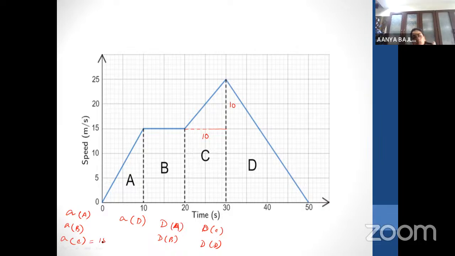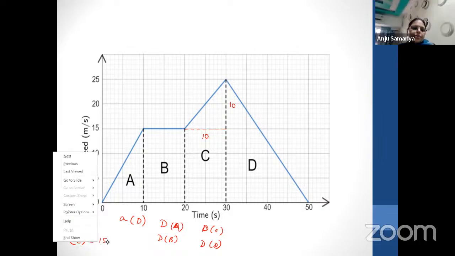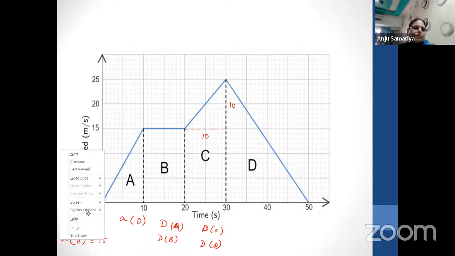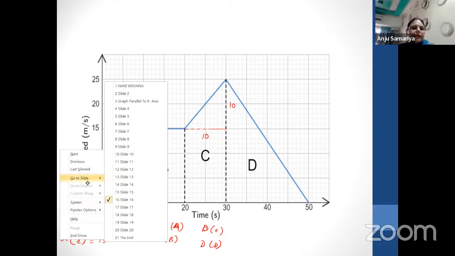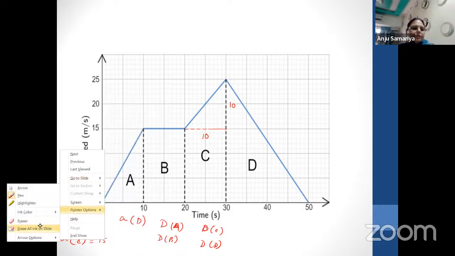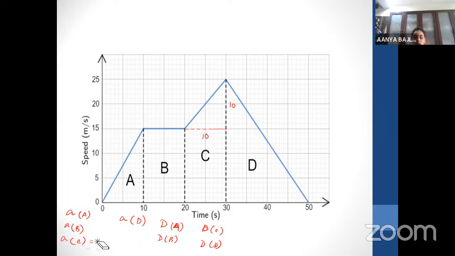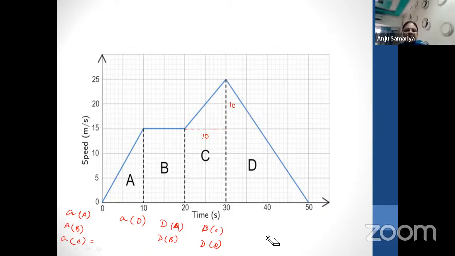It will be 10 upon 10, no? Because, sorry, 10 upon 10, 1 meter per second. 1 m/s² for C, and for acceleration D, -5/4: minus 25 upon 50, so minus 5 upon 4. Correct.